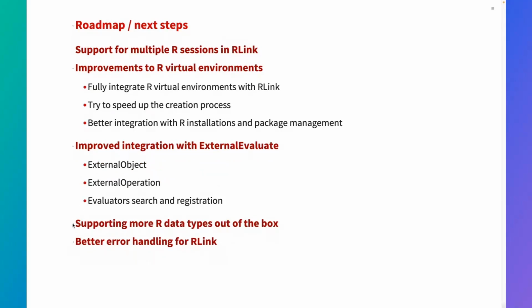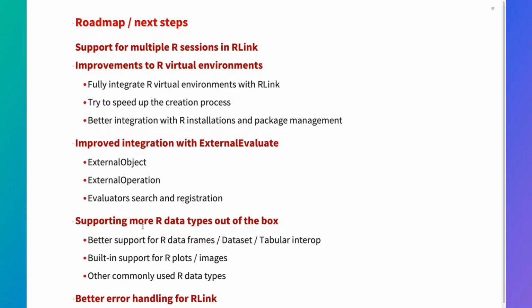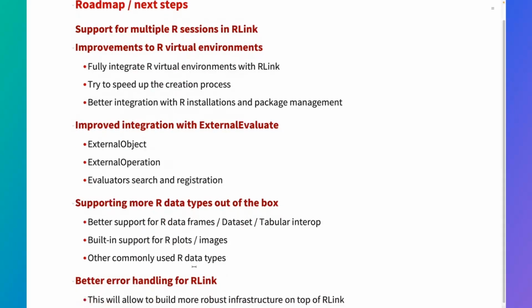We will have to support more data types out of the box, like what we did for dataset, but also for tabular, for plotting, and for other common data types. And we'll need better error handling than currently exists, as there are some cryptic error messages that we want to improve. So that has been this overview.